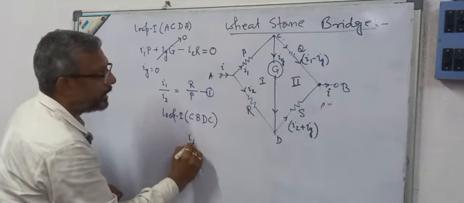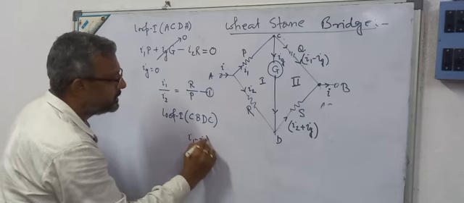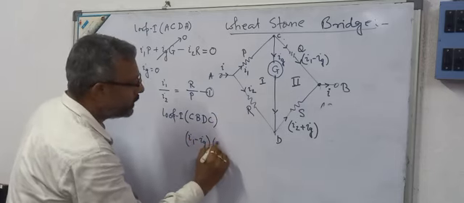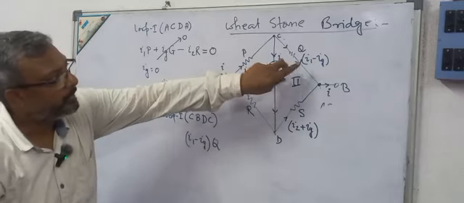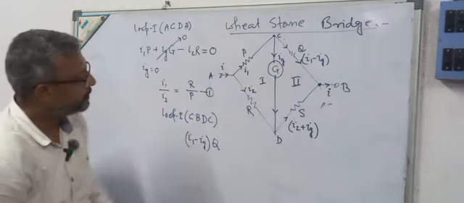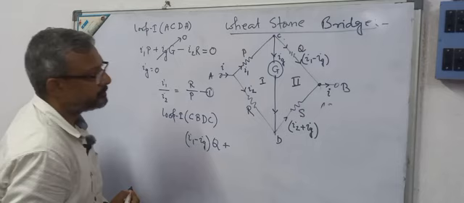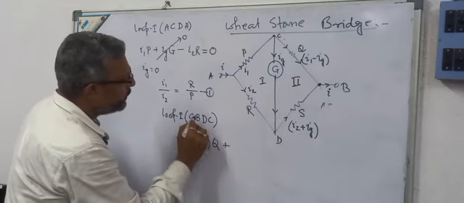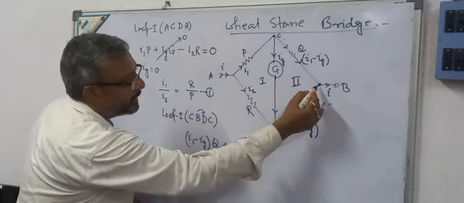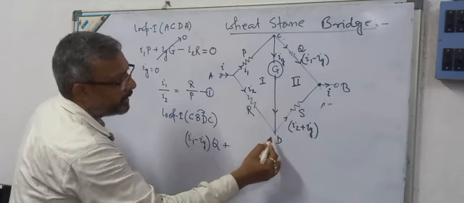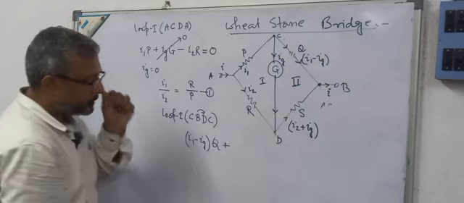So it will be I1 minus I suffix G into Q, because potential drop is current into resistance, plus, when I am moving from B to D, current is flowing in the opposite direction.